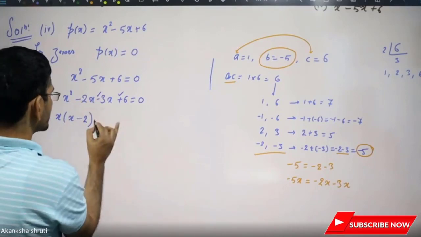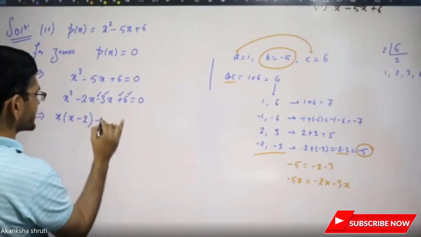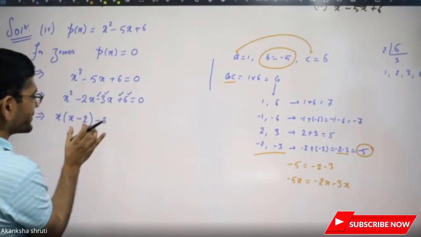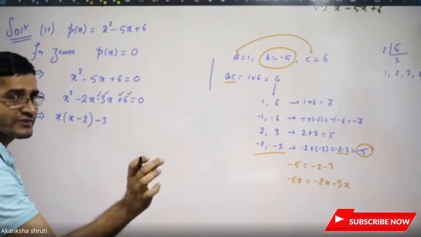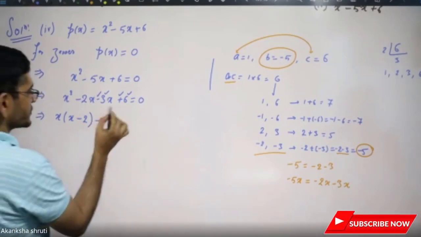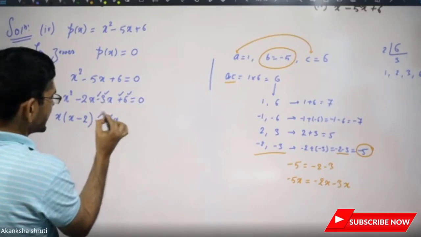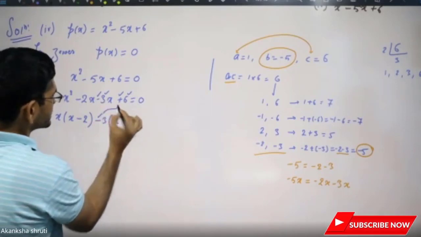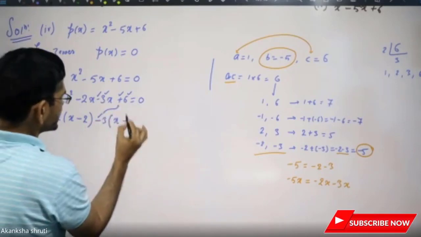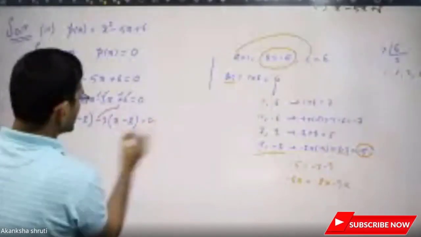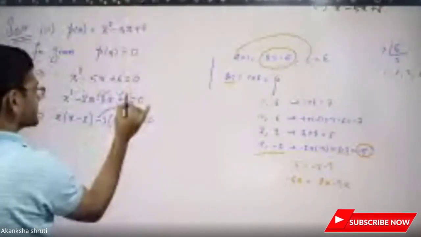So put this minus, and in these two numbers, if any number is also common, take it out, so that the second bracket shall exactly match with the first bracket. So taking 3 out, we will be left with the x. The minus is taken out, so this sign will also change to negative. 3 is taken out, so it will be left with the 2. This is now 0. So this is what we have to do, the adjustment.